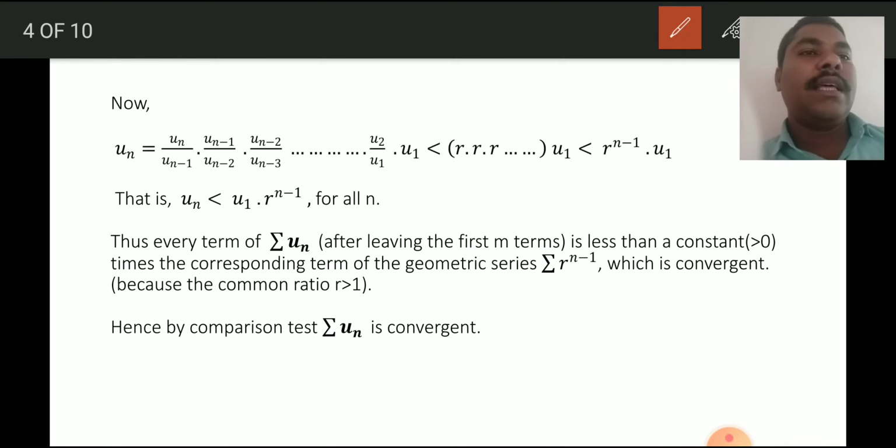This is less than r, r, r, dot dot dot r into u1, which can be written as r raised to n minus 1 into u1. That is, un is less than u1 into r raised to n minus 1 for all n.